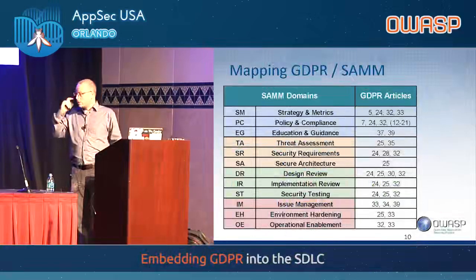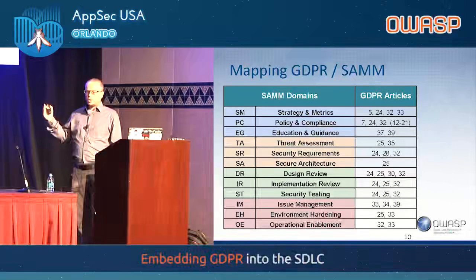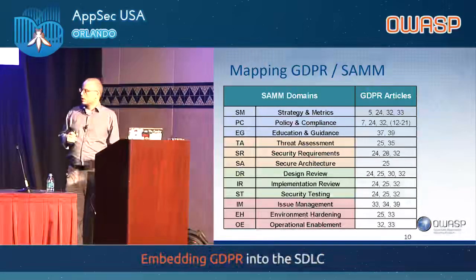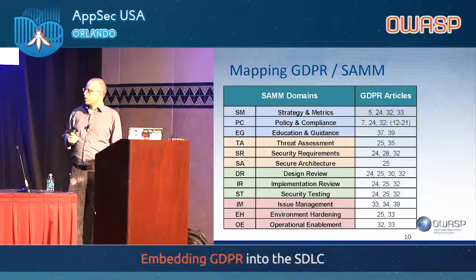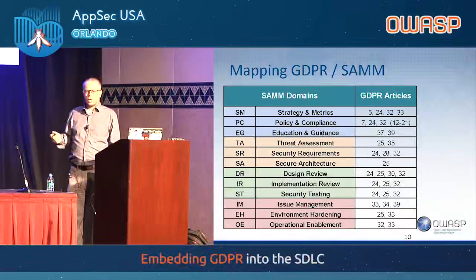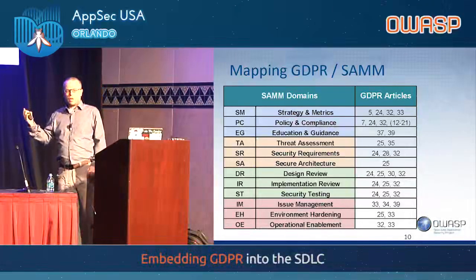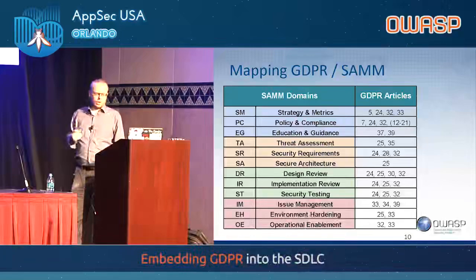So if we look at these 12 domains, we sat together and we tried to map all the articles that are in the GDPR to each one of these domains. Now, I'll quickly switch back to Article 25. Article 25 talks about privacy by design and by default. I'm using Article 25 because just by the title you get a fair idea of what's in it.